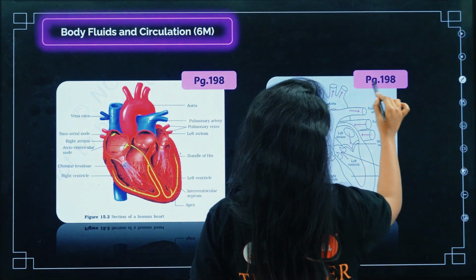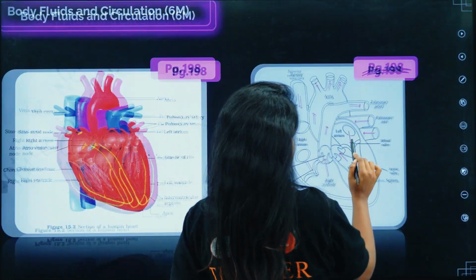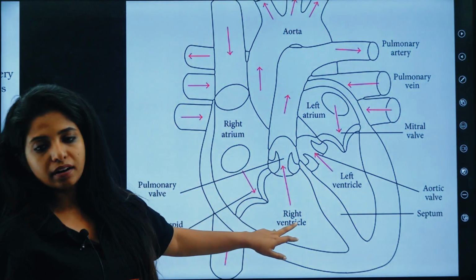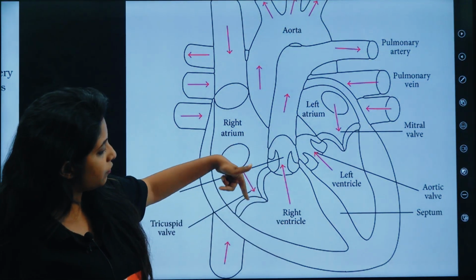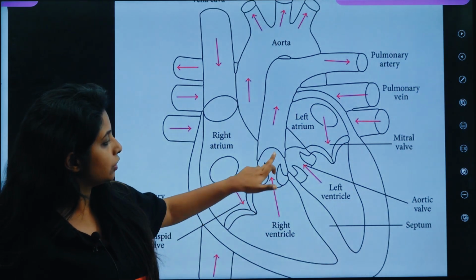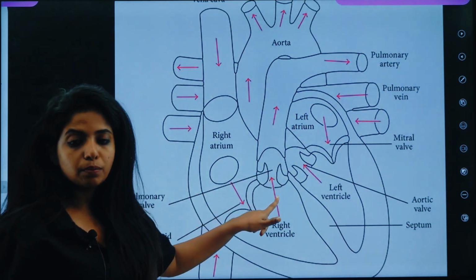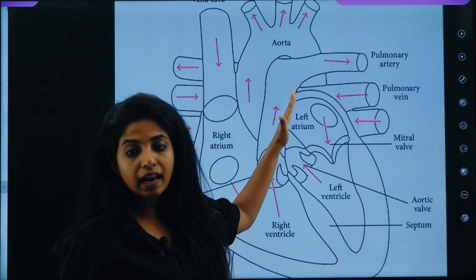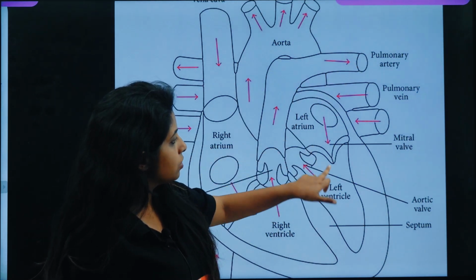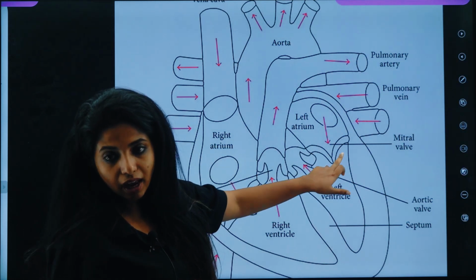Okay. So basically this is how it appears. You have the right atrium and right ventricle. This is the valve which is present between the right atrium and the ventricle, and this other valve is between the ventricle and the pulmonary artery. Here also this is the left atrium and left ventricle. This is the valve you have.